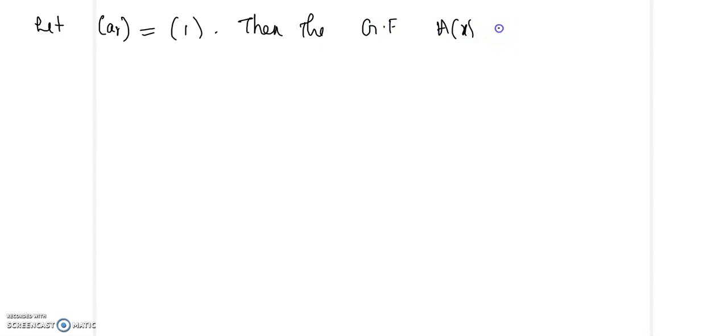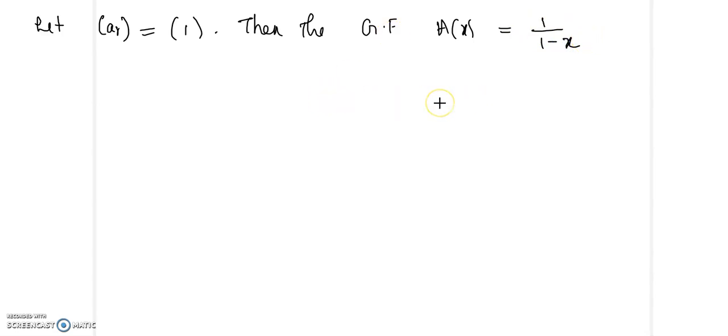Let AR be the sequence 1. Then the generating function A of x will be equal to 1 by 1 minus x.